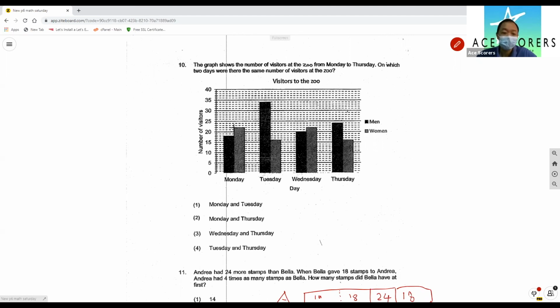Cannot. You must add. You must see the number, yeah. So here is like 20, 22. Then this is 15, 16, 17, 18. So you need to add all of them to find which one is the most. Yeah, then you can find the equal. 16, right? So you gotta add.